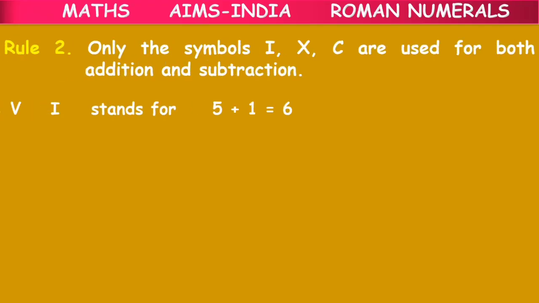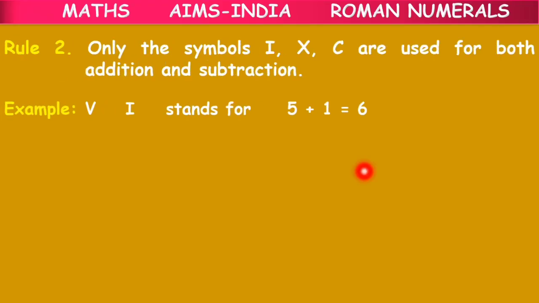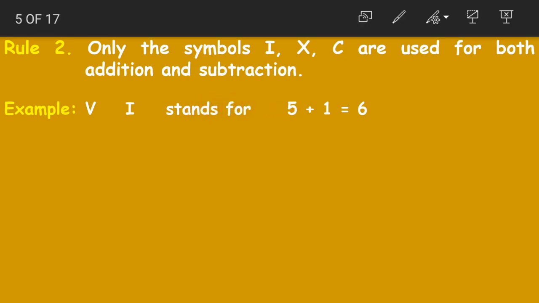Moving on, rule number 2. Only the symbols I, X, C are used for both addition and subtraction. What symbols children? I, X, C are used for both addition and subtraction. What is I equal to?